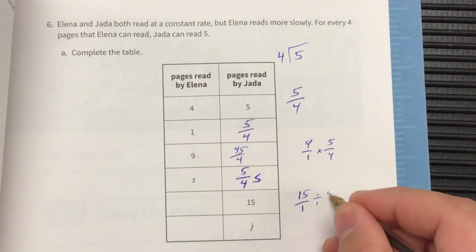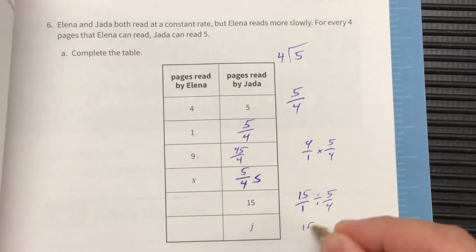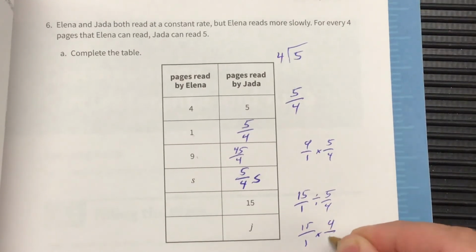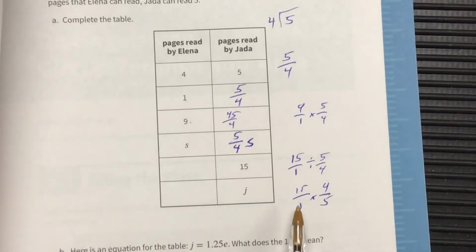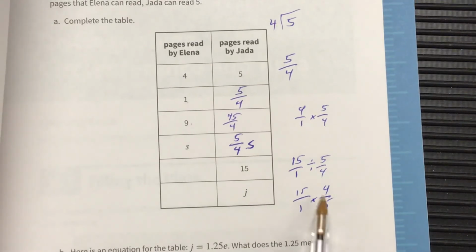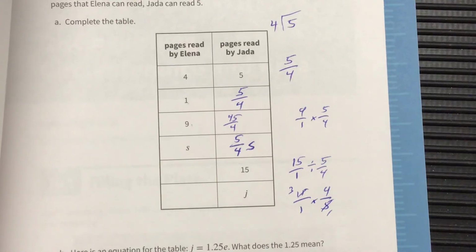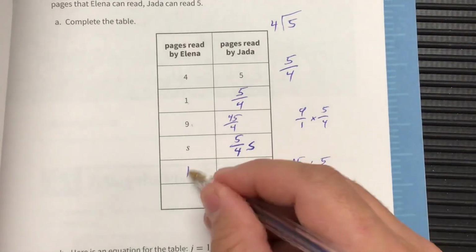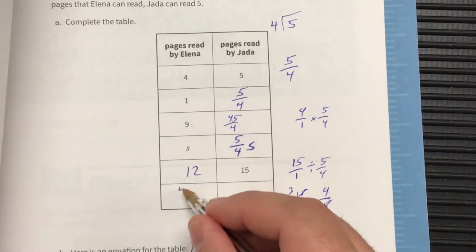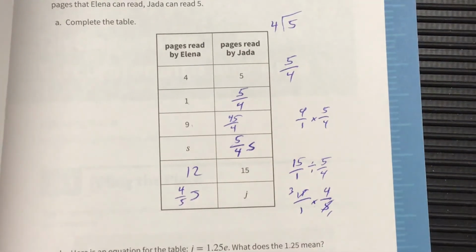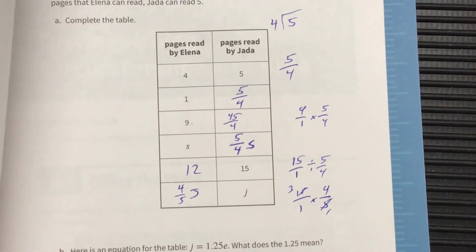Yeah, you divide by 5 over 4 or multiply by reciprocal. Cross cancel anything here? $12, yep. And I'm taking 4/5 times this one as well, or dividing by 5/4.